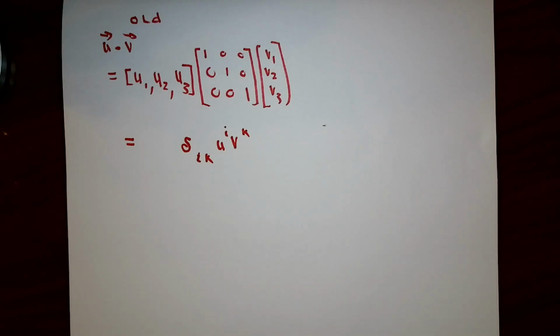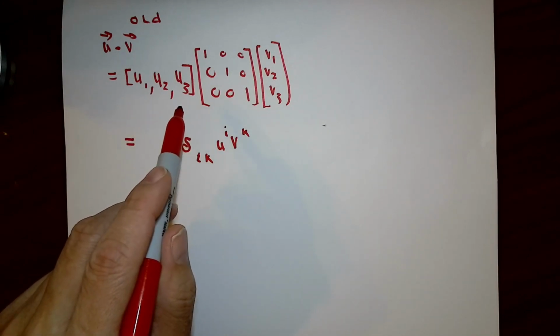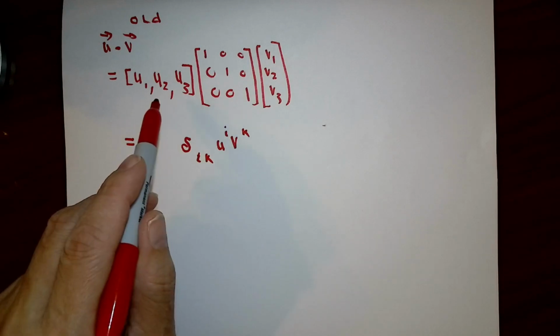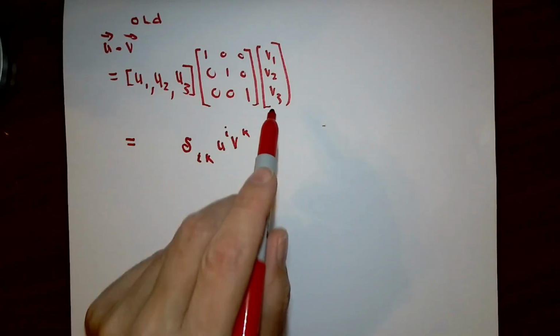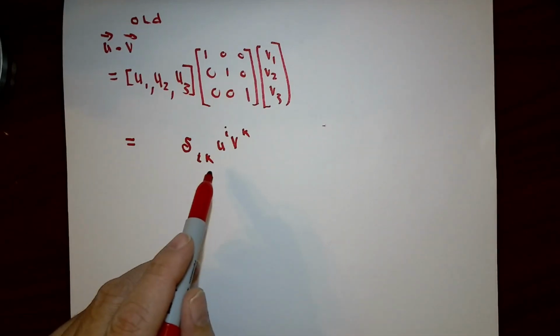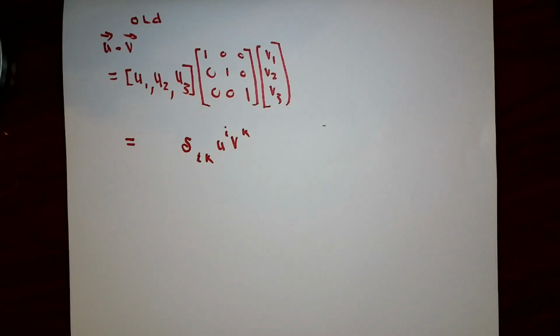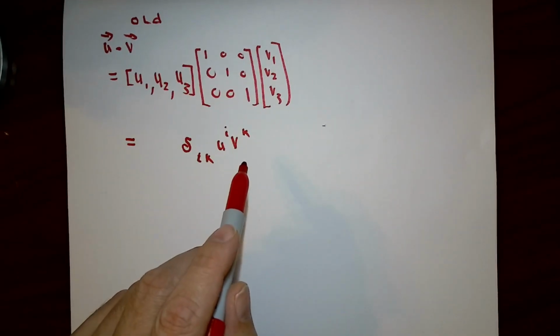Another way to write the old dot product is to write calculus 3 style with indexes downstairs, components of u, the identity matrix, components of v as a column. You could also write that using the Einstein summation convention as Kronecker delta ik, and then we could use our upper index notation for vector components, u^i v^k.